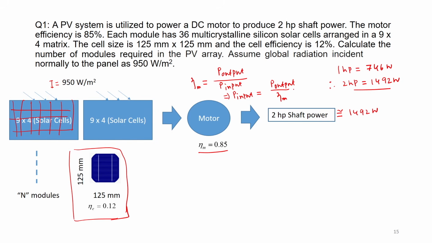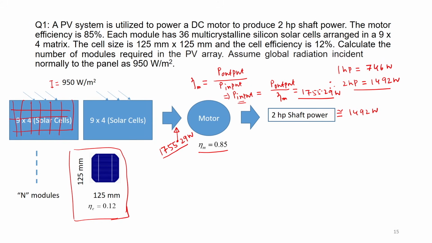If we substitute the power output as 1492 and eta m as 0.85, then the power input required to run the motor will be 1755.29 watt. Okay?